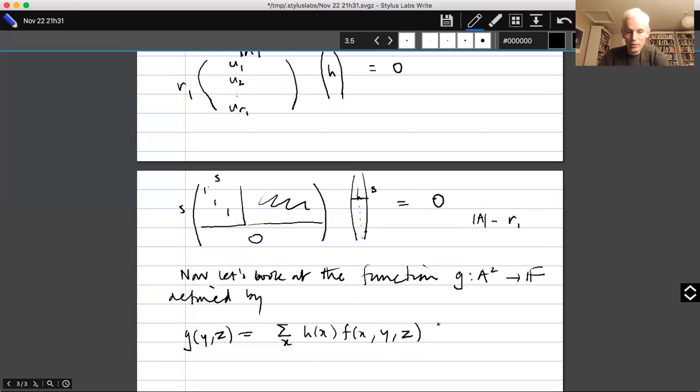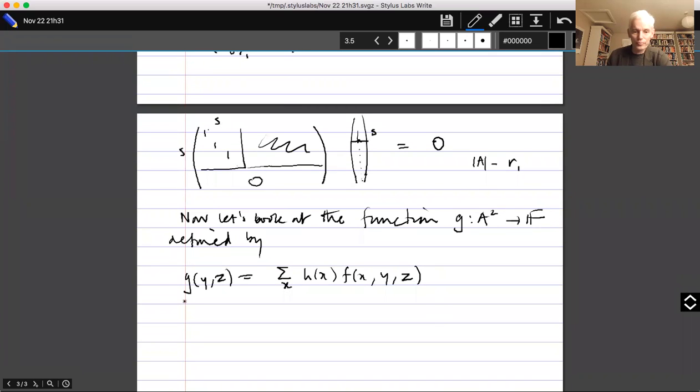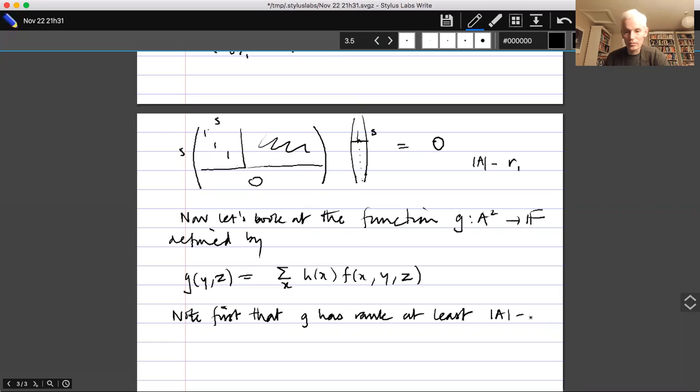Now let's have a quick think about what, so observe first that G has rank at least the size of A minus R1 because G(y,z) equals naught if y doesn't equal z.